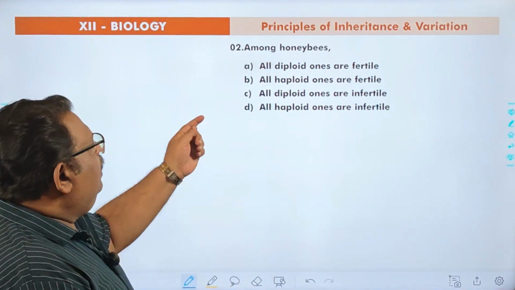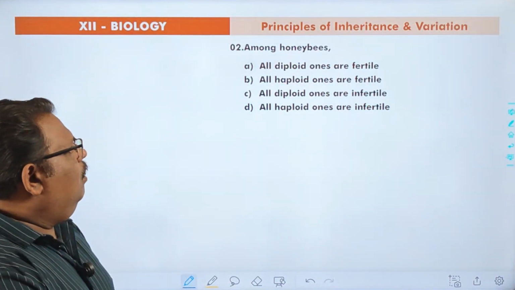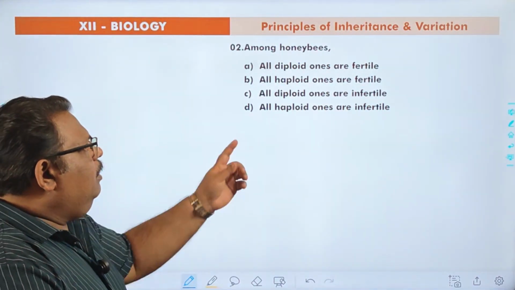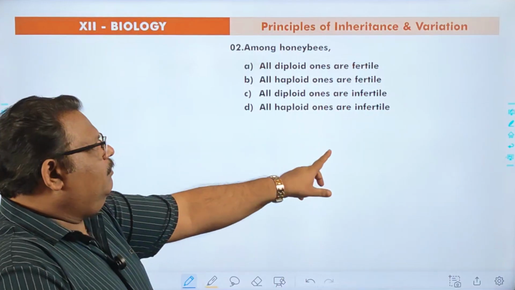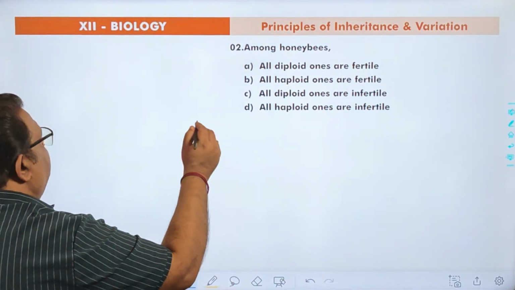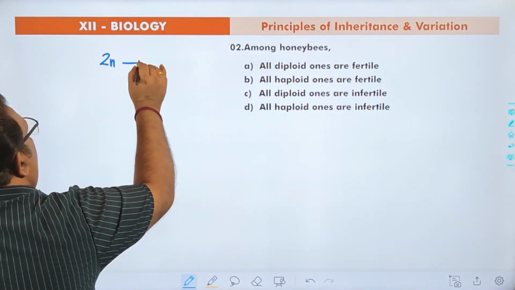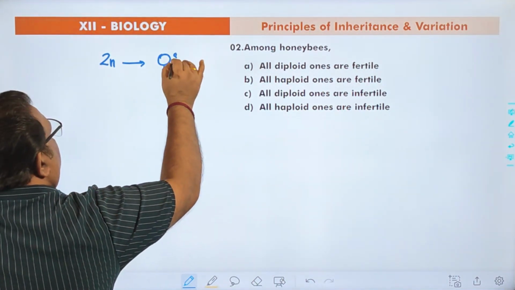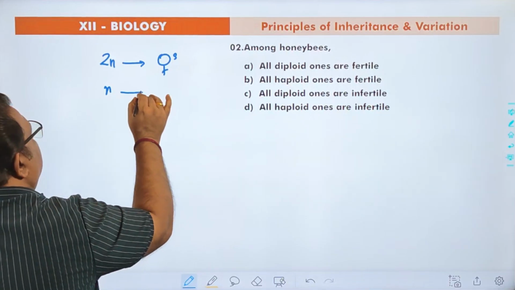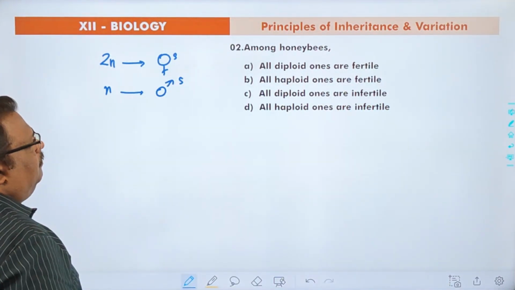Next one, among honeybees: all diploid ones are fertile, all haploid ones are fertile, all diploid ones are infertile, all haploid ones are infertile. So you have studied in sex determination that in honeybees, diploid organisms are always females and haploid organisms are always males. There is a haploid-diploid mechanism.